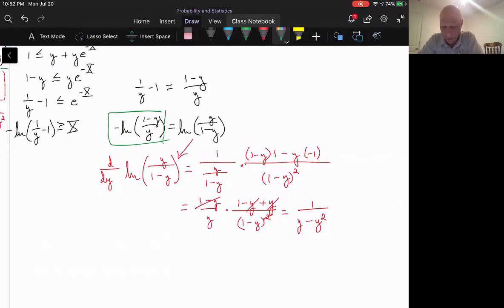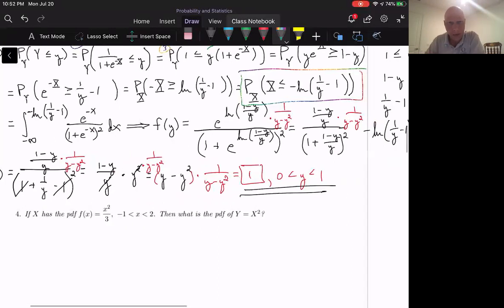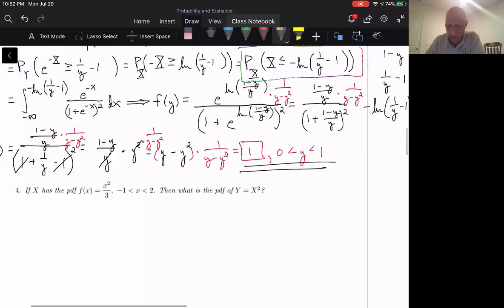So that's where that came from. We worked through keeping the natural log, keeping the black stuff and simplifying that. It wasn't until the very end that we actually multiplied by the derivative portion. And when we did that over here, it turns out that we get 1.